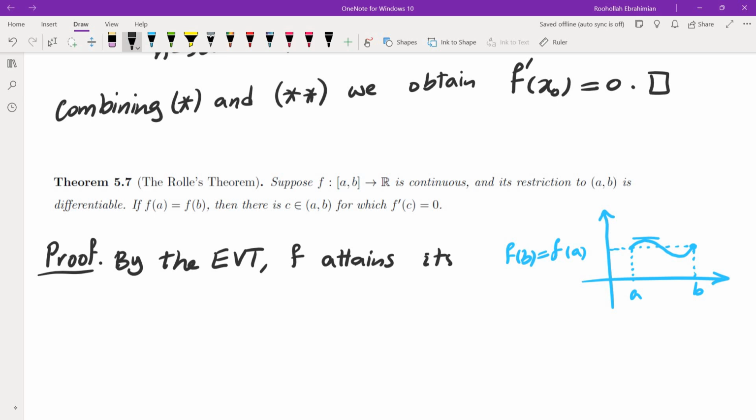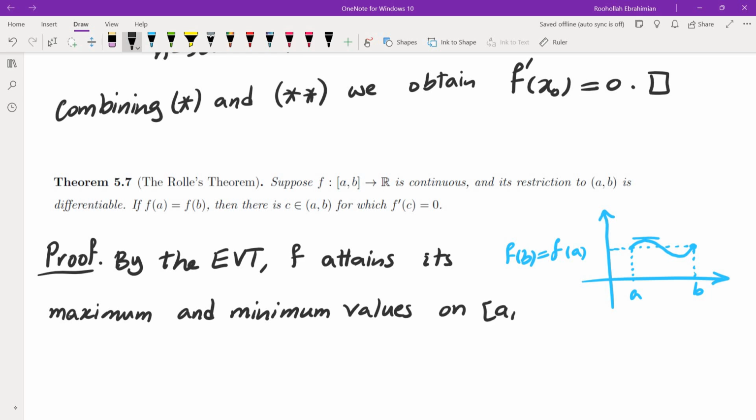attains its maximum and minimum values on AB.